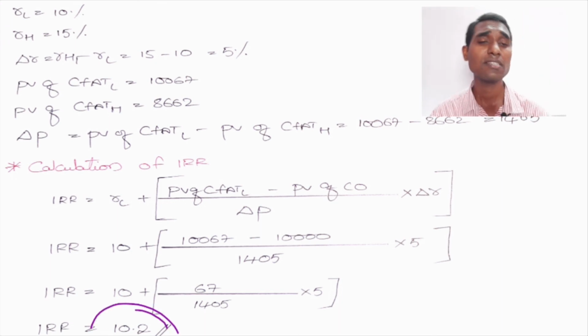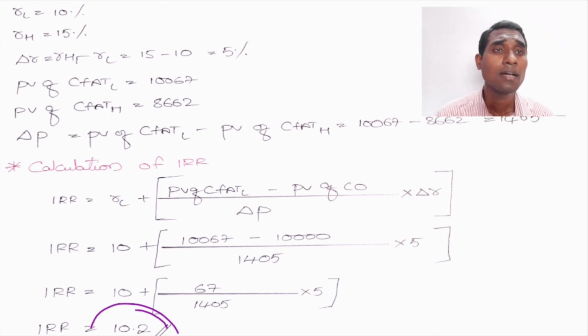In such cases, the decision criteria for mutually exclusive projects or dependent projects, in case of IRR, is that we accept the project whose IRR is more. As the calculated IRR of project X is higher than project Y, hence project X is accepted. This is how you need to quote a decision.